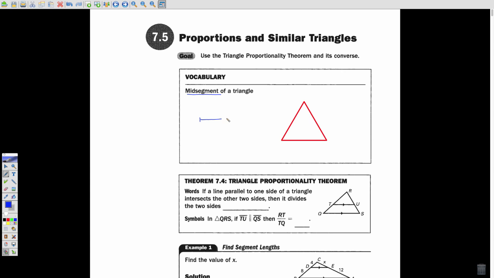A midsegment is, if I have a segment like this, the point right in the middle would be called a midpoint, right? And then if I have another segment like that, and if I call that M1, this is midpoint 2.